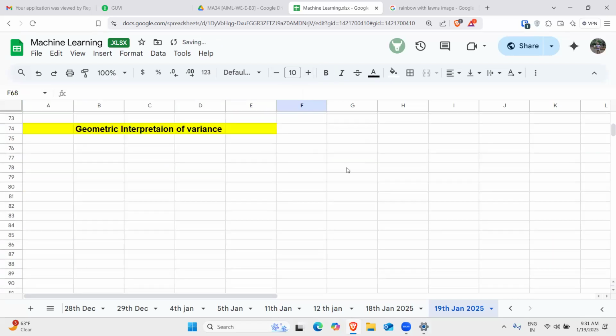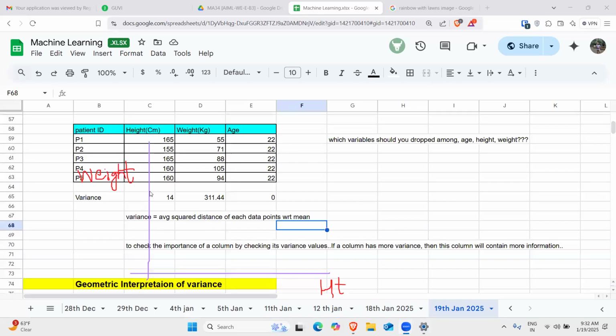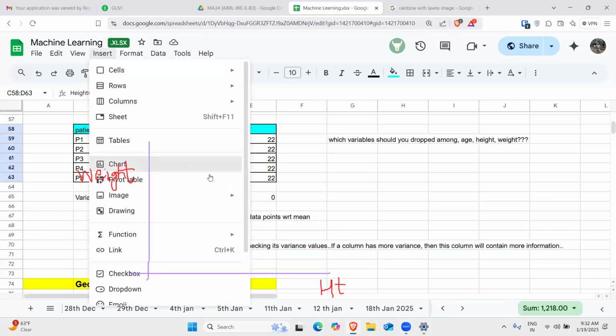See, what I'll do is draw a diagram. On the x-axis, let's say I have height, and on the y-axis, I have weight. As weight variance is high, I'll plot a scatter plot between those two. Let's plot the scatter plot. Insert, chart.